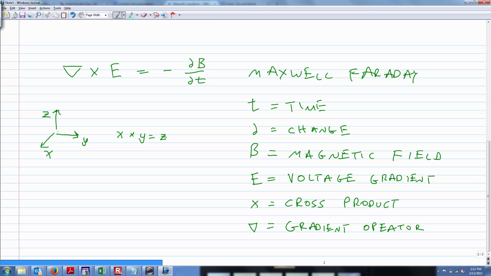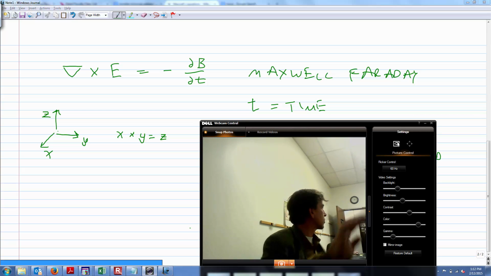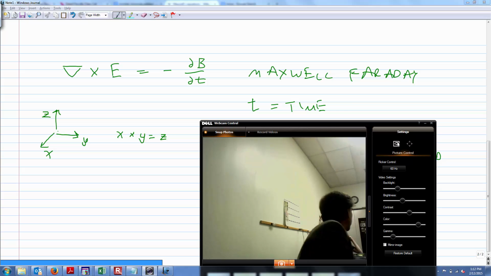So you can see that obviously on the page, but let me explain it in a little bit more detail. And this is critical to how the electromagnetic field works in a motor, in a generator.